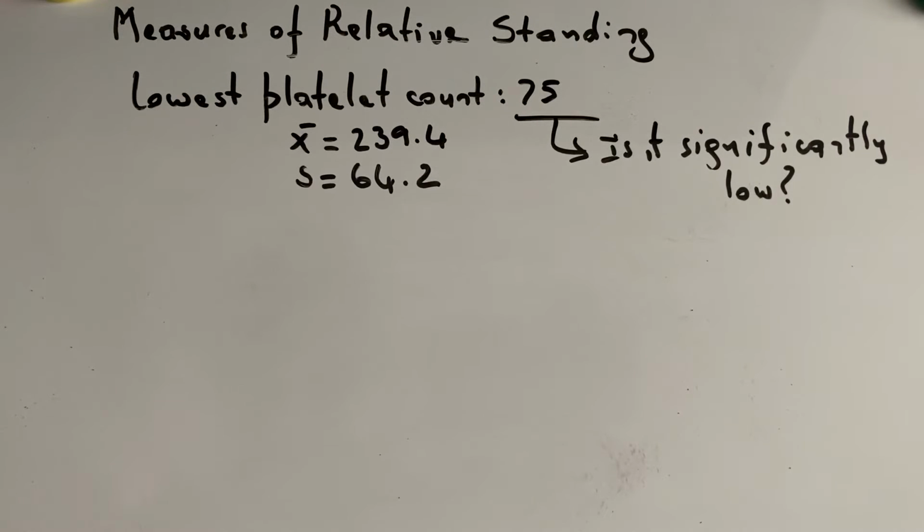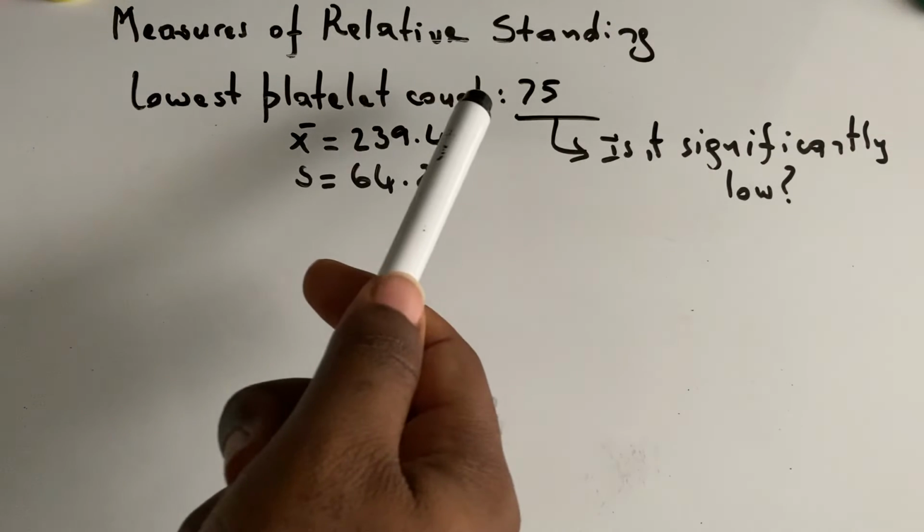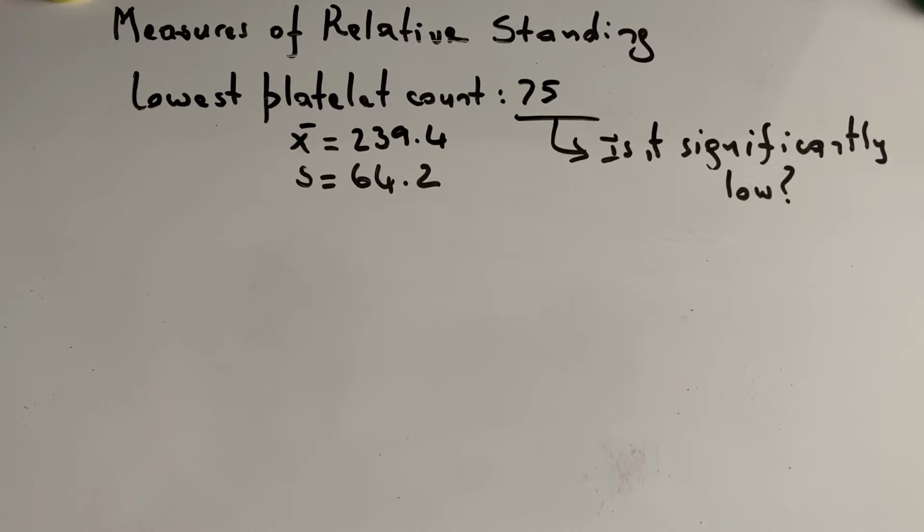Well, you have a bunch of data values from platelet counts, and you realize that this value is the lowest in the data set. Then it would be nice to check whether it's significantly low, because if it's not significantly low, that means any value greater than it will not be significantly low either.